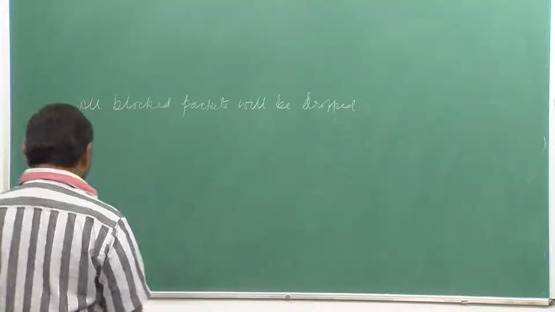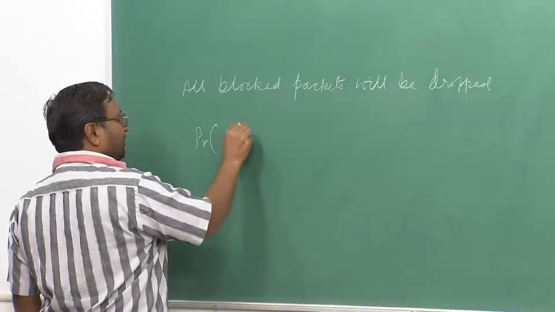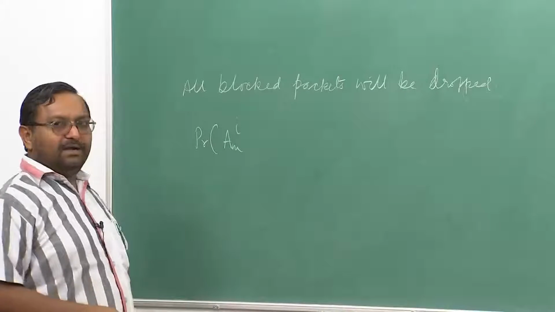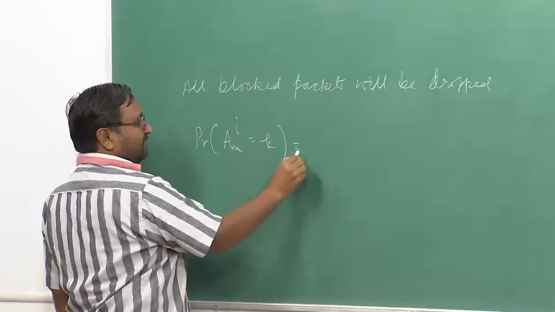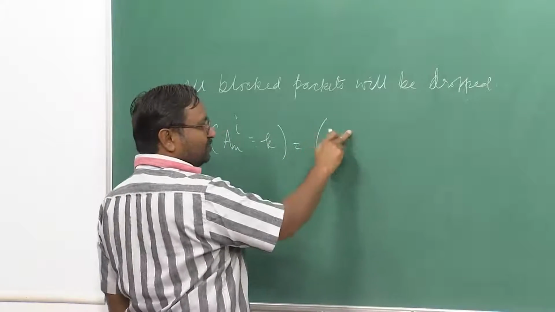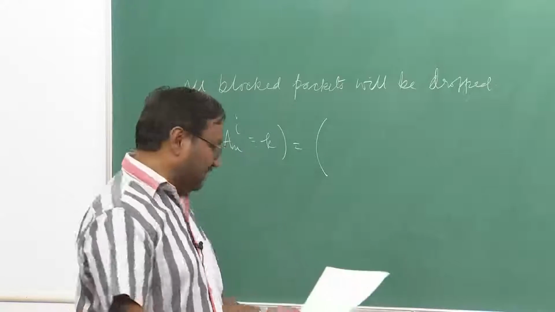So, which actually implies that the probability that you will get, in the nth time slot for an output i, is equal to k. I will not be using f m minus 1, I will now be using n, because all blocked packets have been dropped.